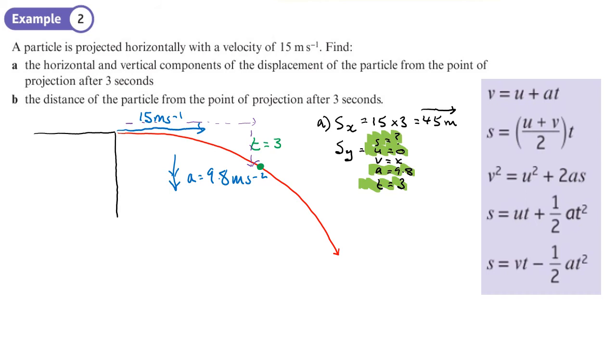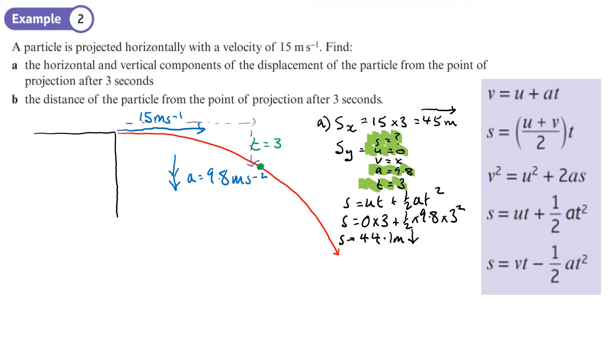So S equals UT plus half AT squared. Let's put those in. S is what we're trying to find, so that's the subject, that's nice. 0 times time plus half times A times the time squared. So S is just going to be 4.9 times 9, which is 44.1 meters.